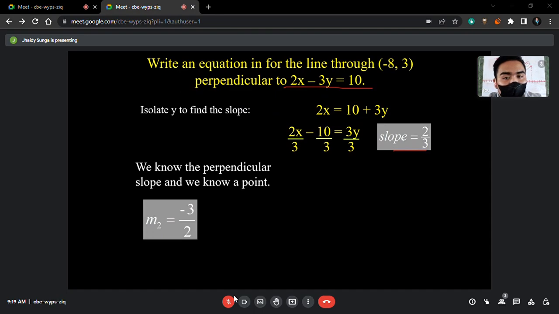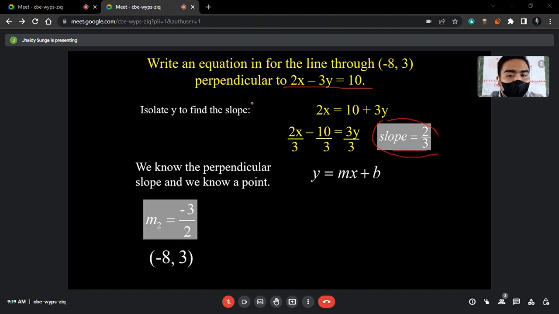Okay po? Alright. So, from the point negative 8 and 3, let us try to have the slope-intercept form and substitute the point as well as the perpendicular slope. Because from your equation, what you did is find the slope first, isn't it?